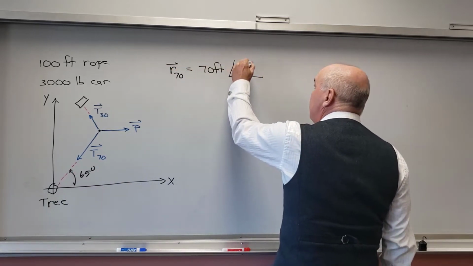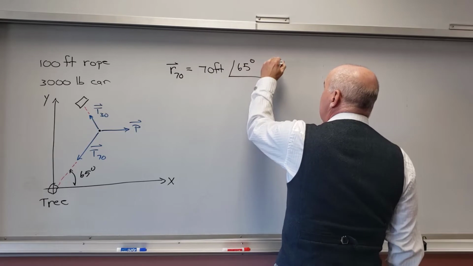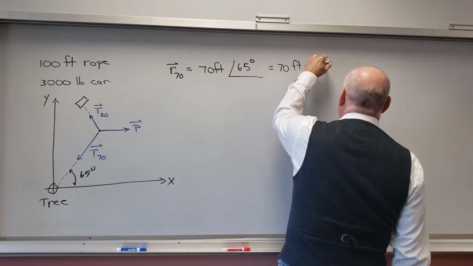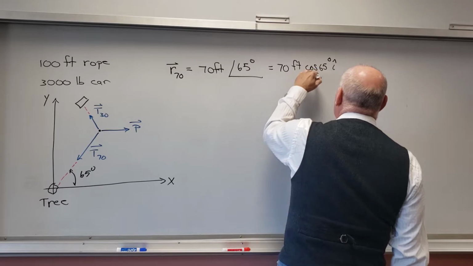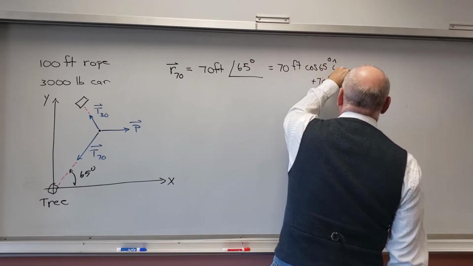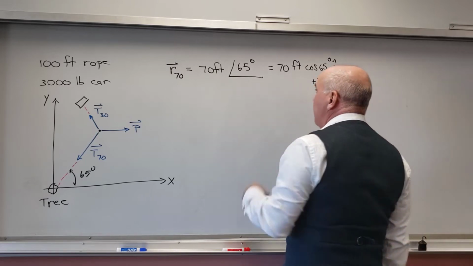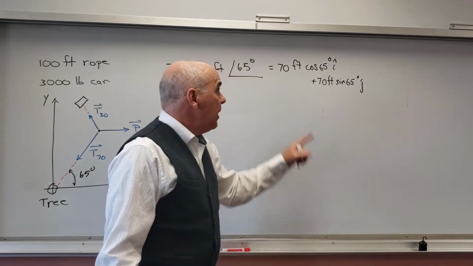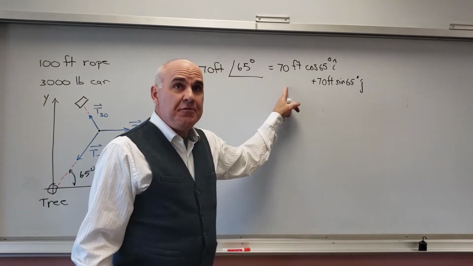So 70 feet at an angle of 65 degrees. And of course, that's 70 feet cosine 65 degrees in the i hat plus 70 feet sine 65 degrees in the j hat direction. All right, so there's the polar form, and then this is the Cartesian form.